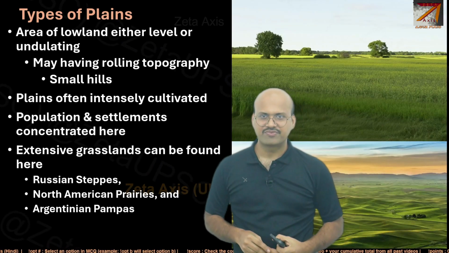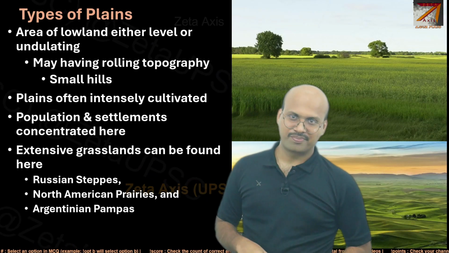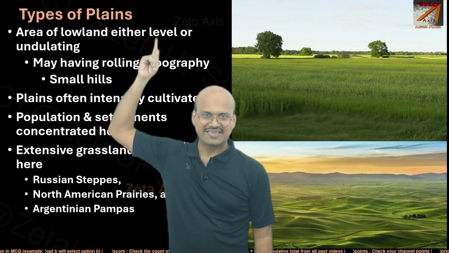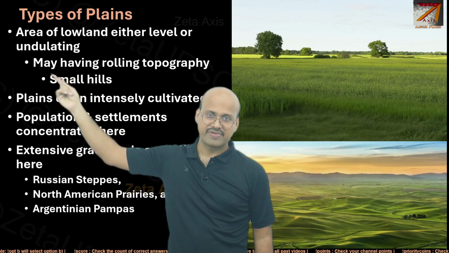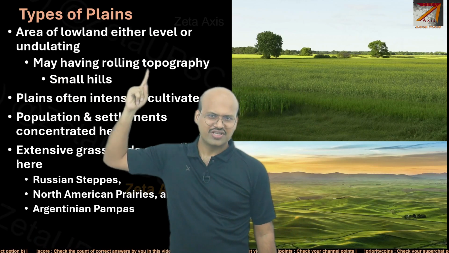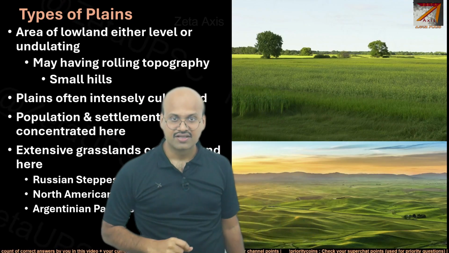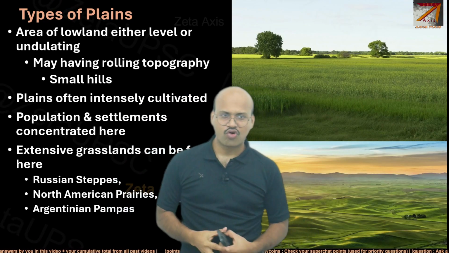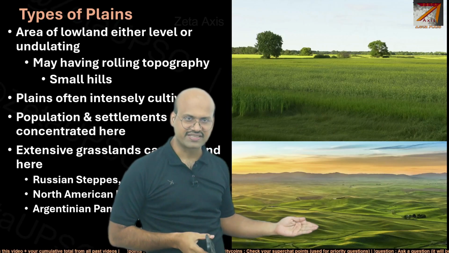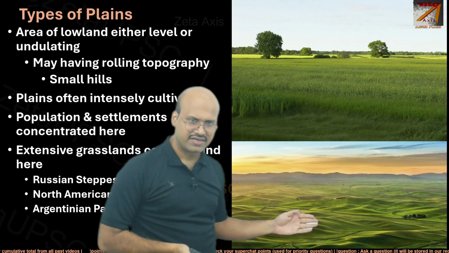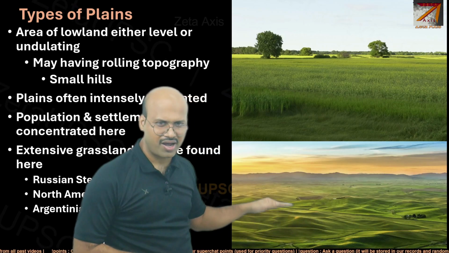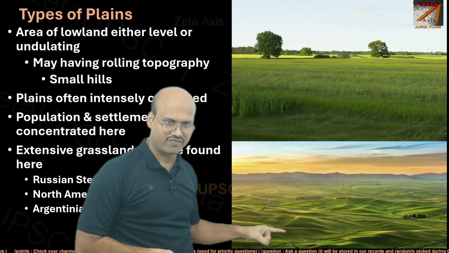So what are the types of plains? First of all, what are plains? Plains are lowland, either level or undulating, and may have rolling topography. You might come across this rolling topography in the NCERTs as well as in GC Leong. What is rolling topography? If you see this example, this region has very small up and down landforms.